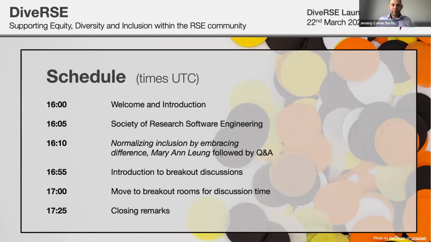Then we'll have the main talk, which I'm sure is what you're all here to hear, Marianne's talk, which we're all very much looking forward to, and a bit of time after the talk for Q&A, and then we will move to breakout rooms for some breakout discussions, which I'm sure will be really interesting too. So we'll have about 25 minutes or so for breakout discussions. Then we will all come back to the main room for some closing remarks at the end of the session.